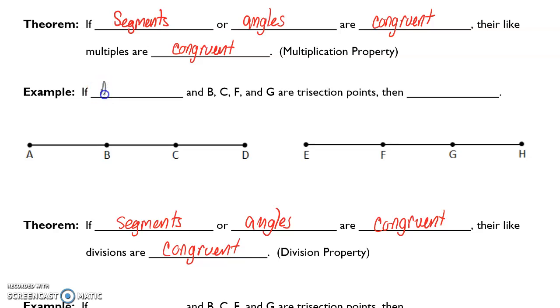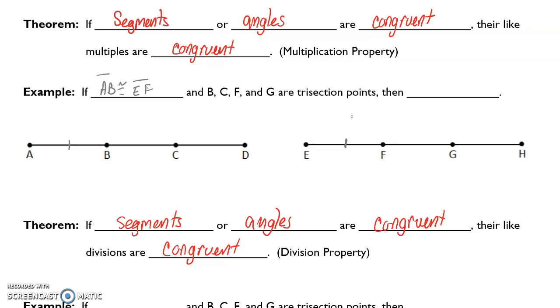If segment AB is congruent to segment EF, so I have this segment is congruent to this segment, and B, C, F, and G are trisection points.